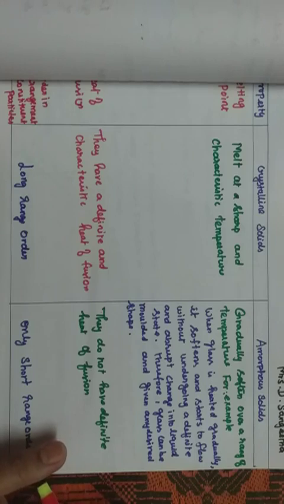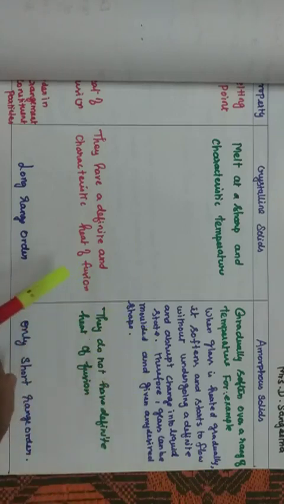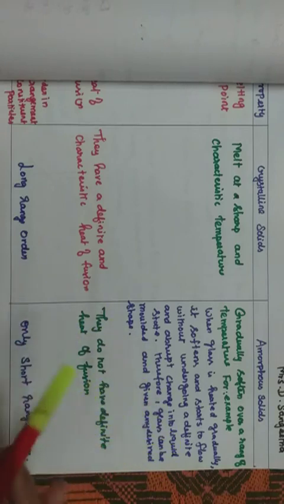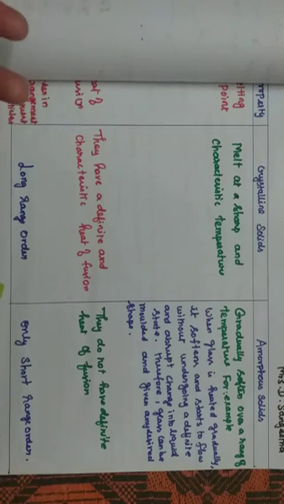But in an amorphous solid, it is not like that. It softens gradually over a range of temperature. For example, when glass is heated gradually, it softens and starts to flow without undergoing a definite abrupt change into the liquid state. Therefore, glasses can be molded and given any desired shape.